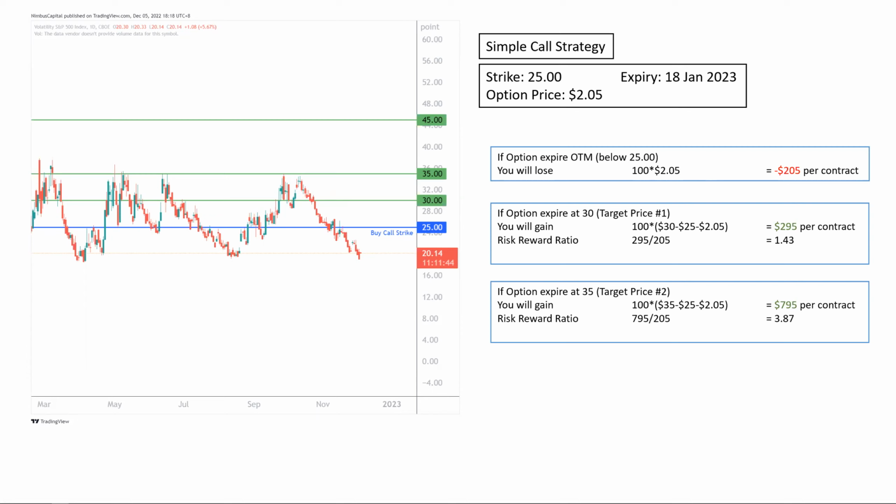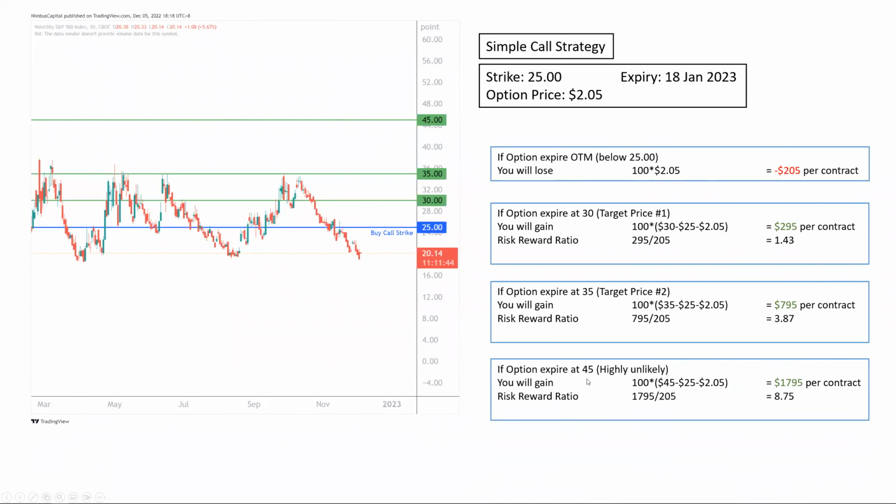So if you want to calculate your profit at any price level above your strike price, you just simply use this formula, okay? So maybe you can use 26, 27, 28, you can just use this same formula. You will get your projected profit. And what if, let's say, VIX went all the way up to 45, which is very unlikely, but we are still going to calculate this anyway, because later we will use this as an example when we are comparing it against the bull call spread.